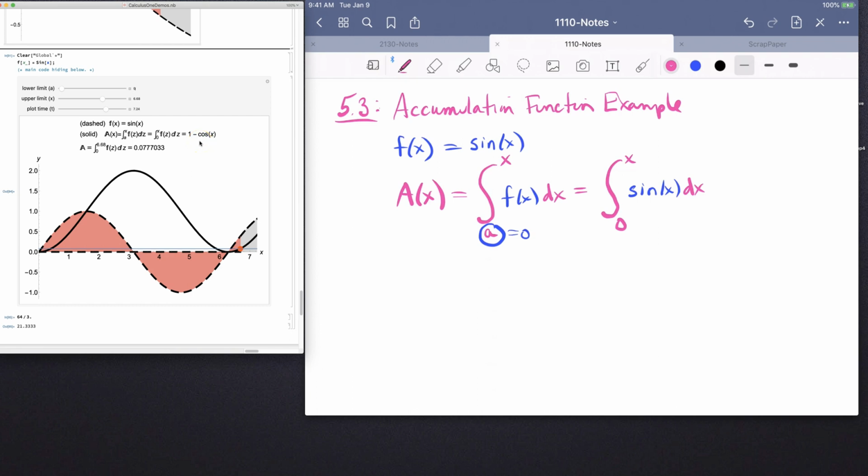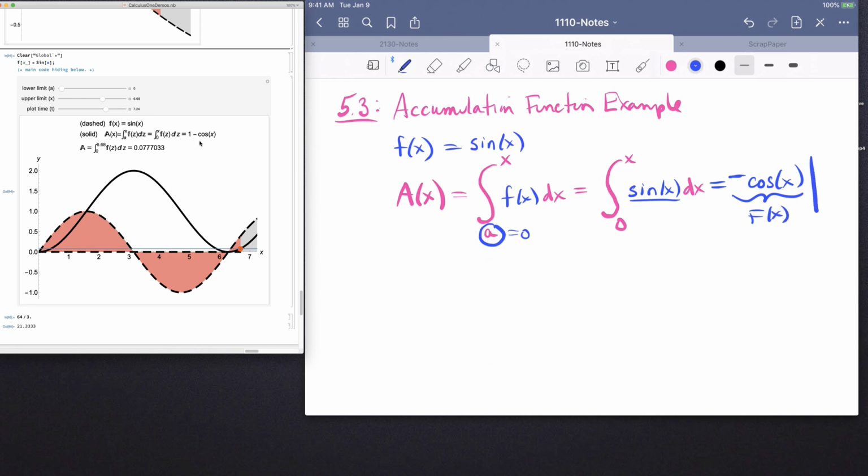And where does that come from? It comes from finding the antiderivative of sine. The antiderivative of sine is cosine, but the derivative of cosine is negative sine, so we need to put a minus sign on here. This is our antiderivative function.